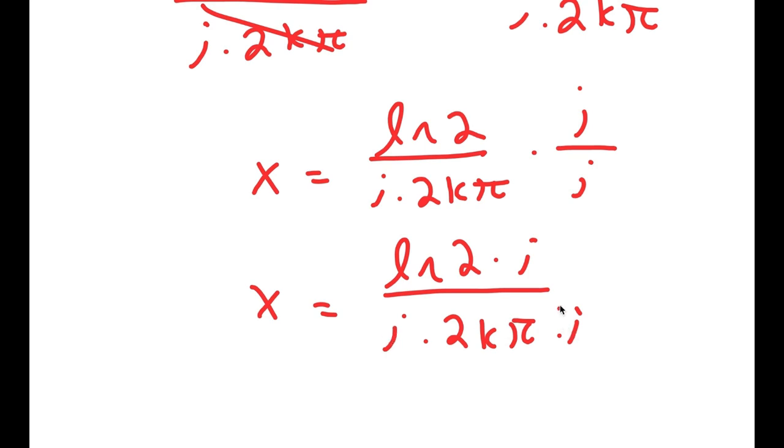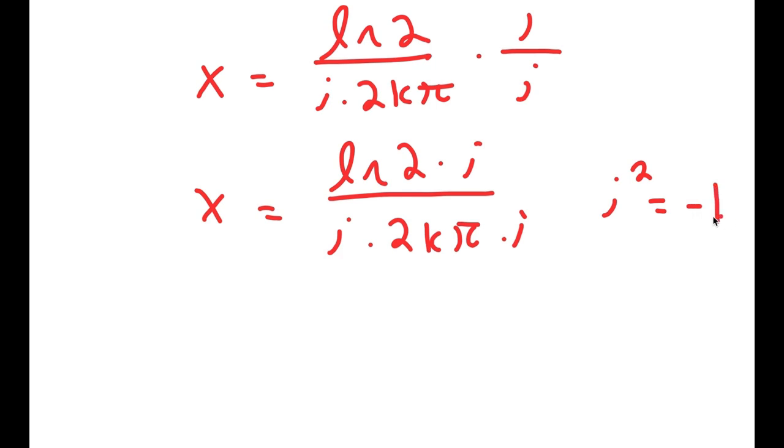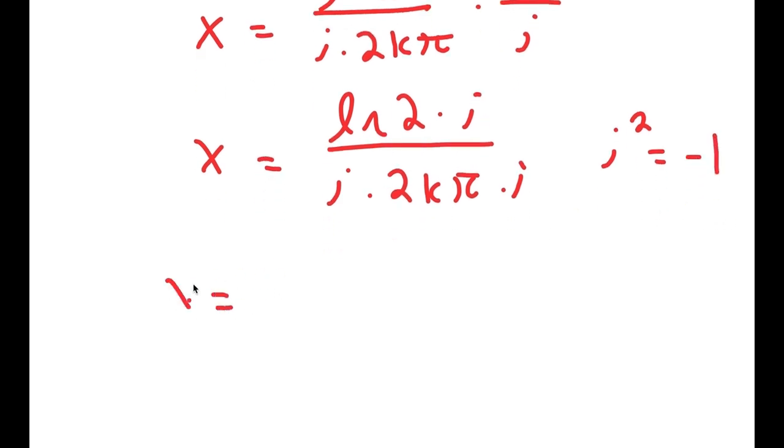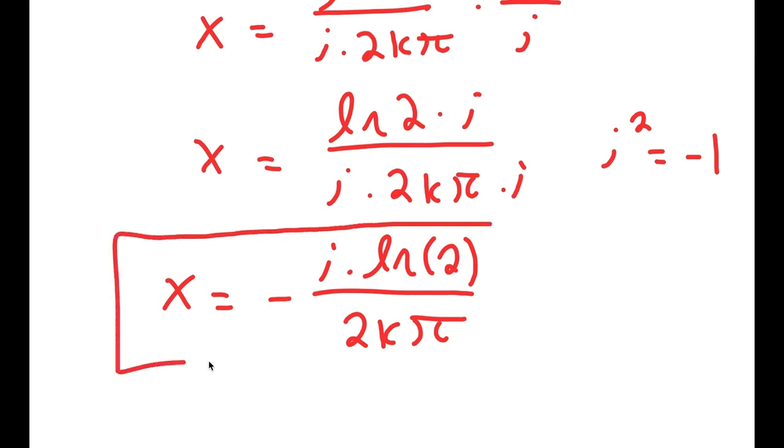And i times i is i squared, and i squared is equal to negative 1. So now I get x is equal to negative i times ln of 2 over 2kπ. So this is my answer to this equation.